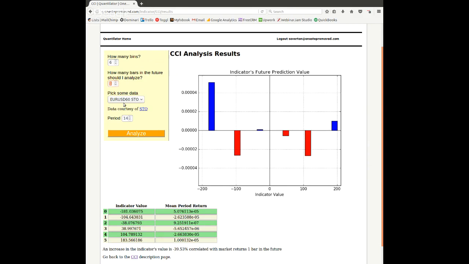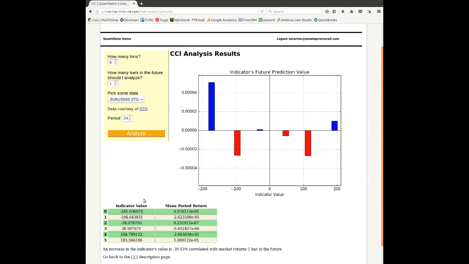When you are using a period, you should not just be guessing, like, is the 14 better than a 13 period CCI? We're looking at 1 hour bars. So how many bars do we have in a day? We have 24 bars.